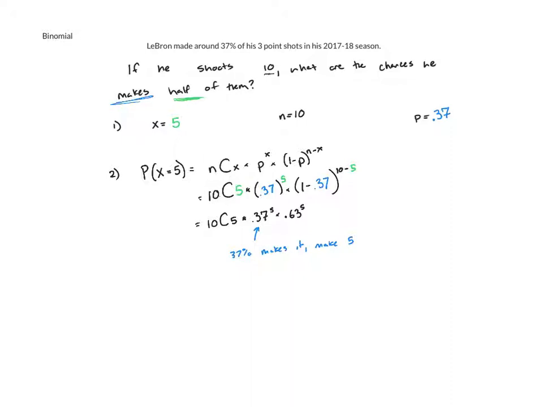This one over here makes sense because he has a 63% chance of missing, and we want him to miss 5 of them, which is why I have 63% to the 5th power. This right here tells me how many different ways this could happen. So I have the number of ways it could happen, times the probability he makes 5, times the probability he misses 5 of them as well.